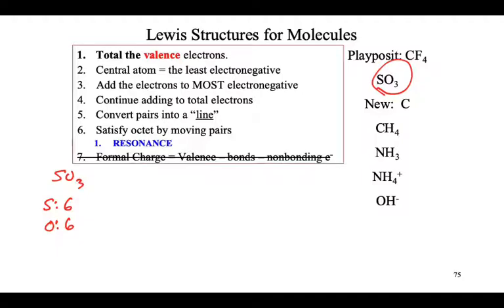How many oxygens are there? How many total electrons do I have? Try again. 24. There were 18 from the oxygen and another 6 from the sulfur. Where's my center, or what's my center atom? Sulfur. I will now scatter my oxygens around that sulfur.